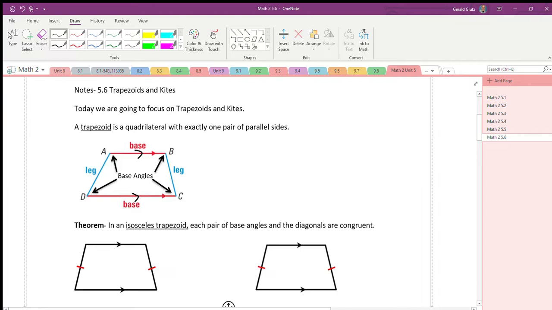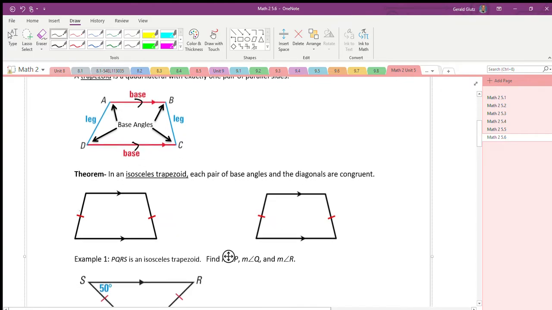When we have an isosceles trapezoid, I've mentioned this before, isosceles means we have two congruent sides. So as you can see, these two sides are congruent to each other. And just like a triangle, if these two sides are congruent, these two angles have to be congruent. So these two angles are only congruent in an isosceles trapezoid.